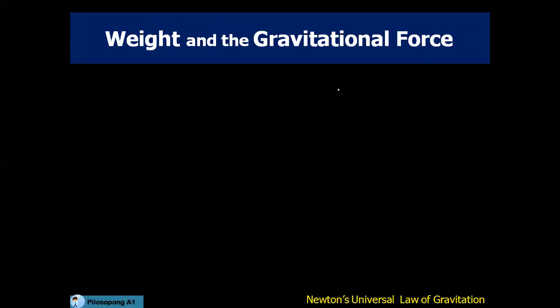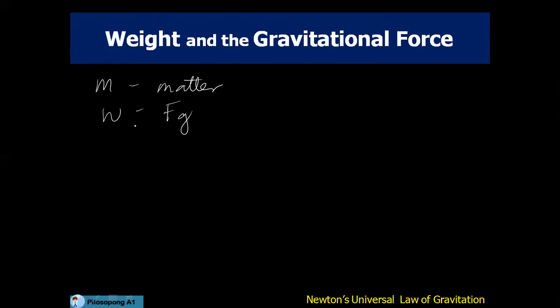It is important for us to review the difference between mass and weight and the relationship of weight with gravitational force. As we know, mass is the measure of the amount of matter in an object, while weight corresponds to the amount of gravitational force pulling the object down.